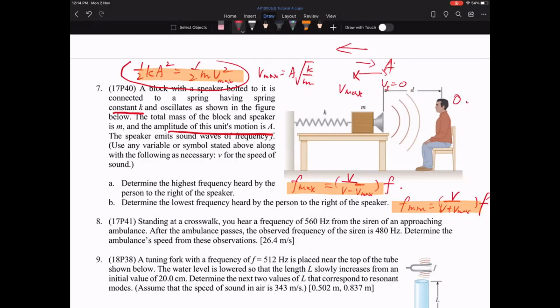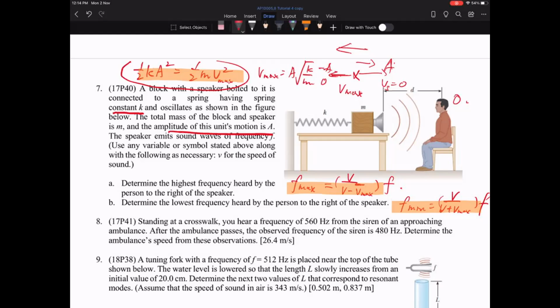The velocity or the direction can be different, but the maximum speed is the same when it passes the equilibrium point. Similarly, at the maximum negative displacement, the speed is 0.